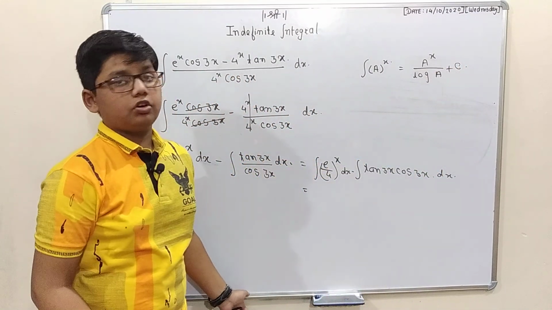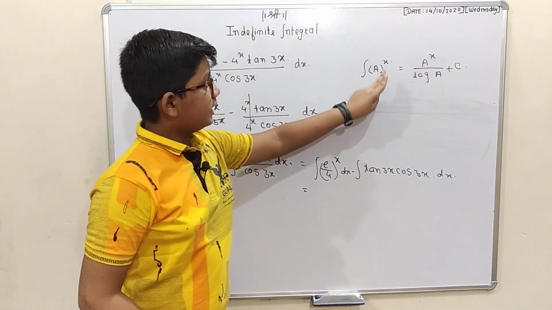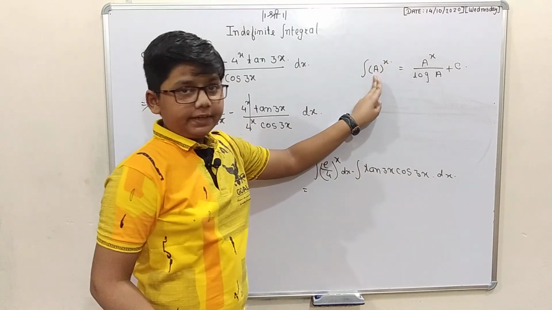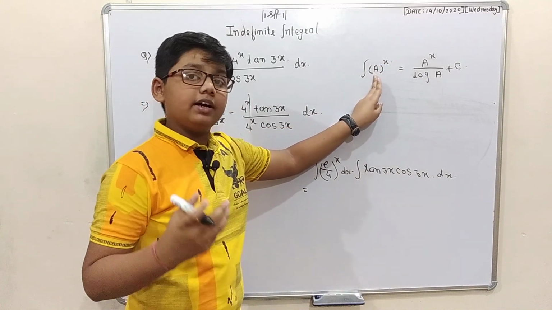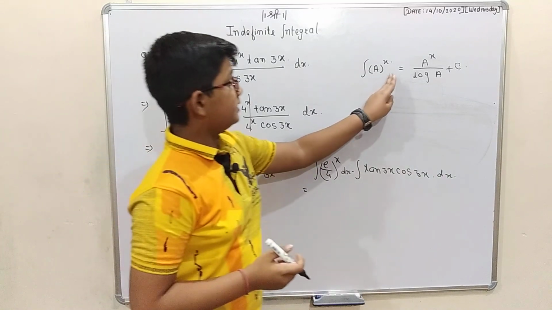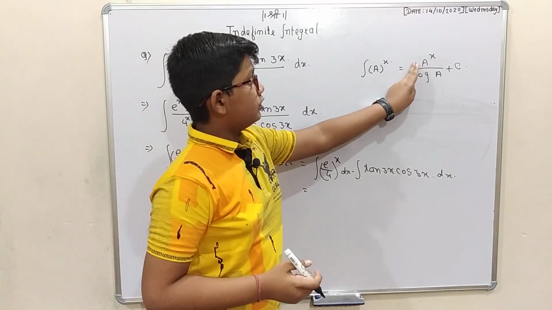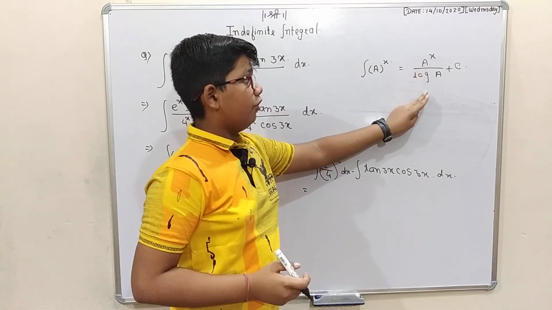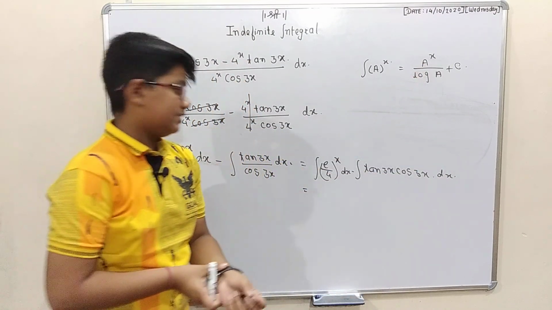Here a denotes a number. (e by 4) is also a number and x is a variable, so it will be a raised to the power of x divided by log of a plus c, where c is the constant.